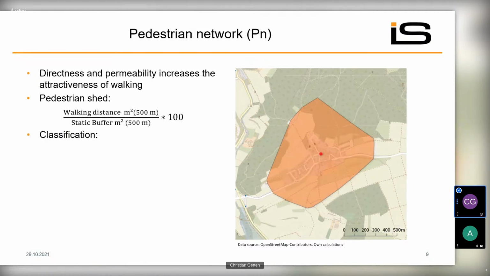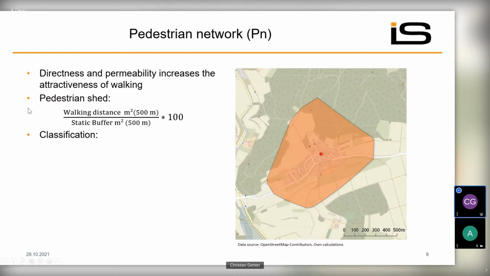Our first indicator, first dimension, first component is the pedestrian network, for short we call it PN. That's very important because the directness of routes and the permeability of a street network is important for walking attractiveness. So it's basic for walking. And here we use an indicator called pedestrian shed.